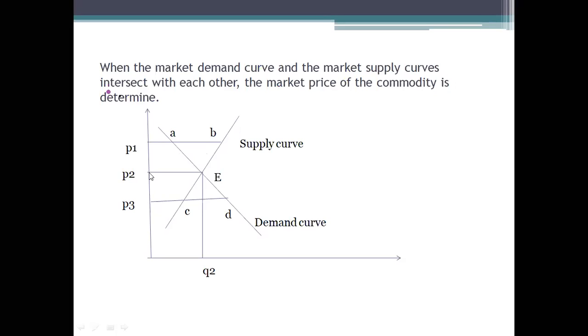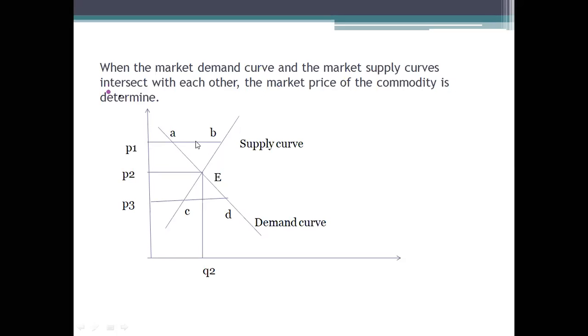So what will happen if we determine the price at P1 point? If we determine the market price at this point, then what may happen, we will discuss that. So if we determine price at P1, then what happens? We have to draw a line to the market demand curve and market supply curve.